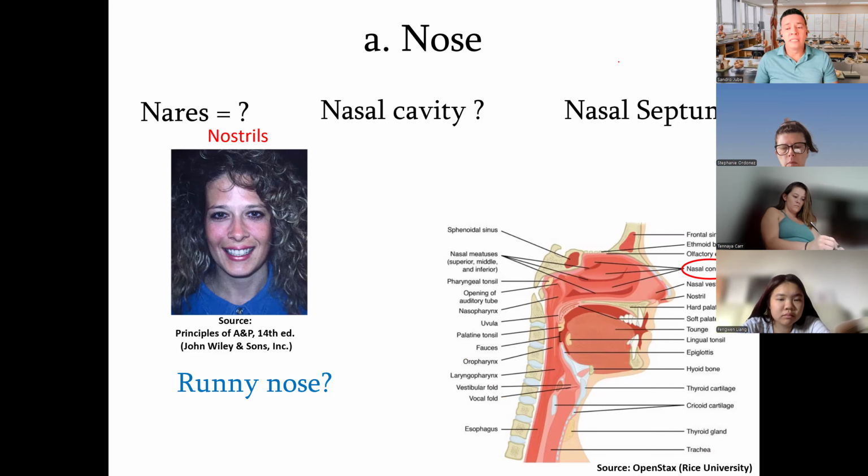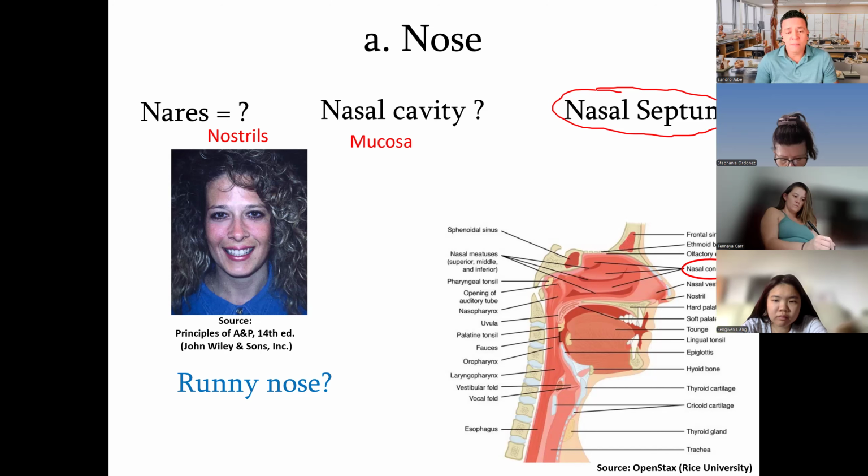And we all know that our nasal cavity, which is the space behind the nose, is divided into two, right? There's a wall called the nasal septum that separates the two nasal cavities. The walls of the cavities are covered with mucosa, with mucous membrane. What does this mucosa do?